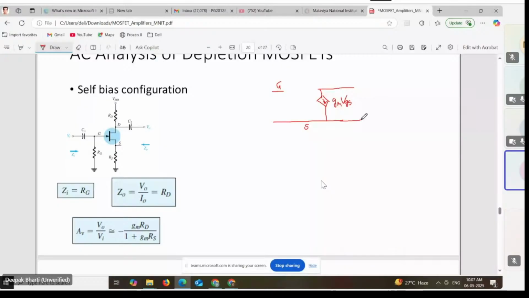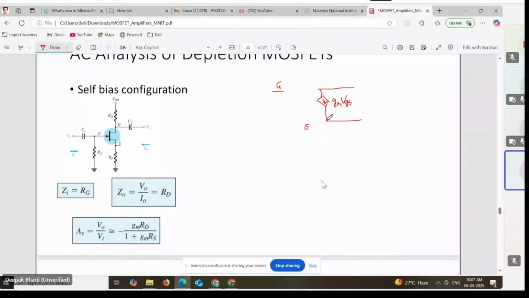So let's have a look at the other external components like RG. RG is connected between gate and the ground, and RS is connected between source and ground. Since we do not have any capacitor around RS, this time RS will not be eliminated and it will appear in the picture.